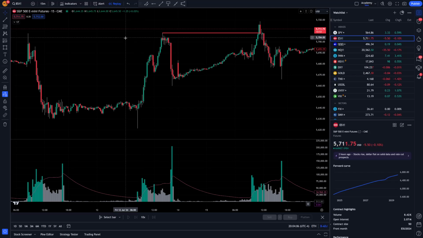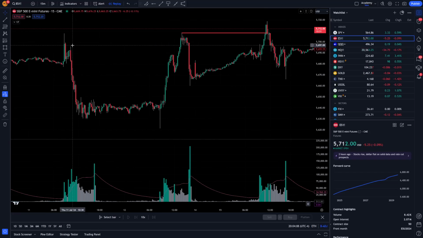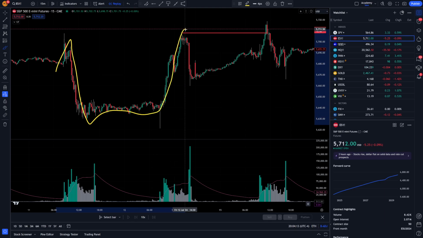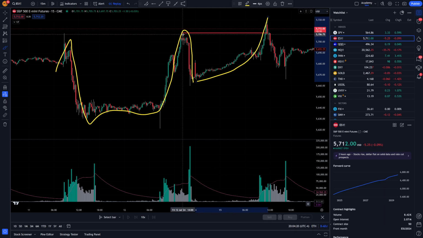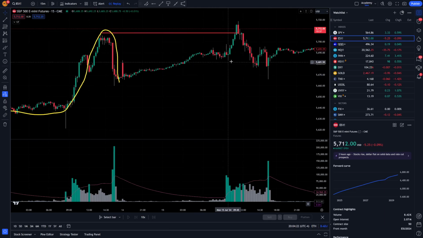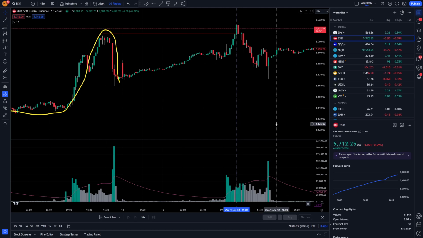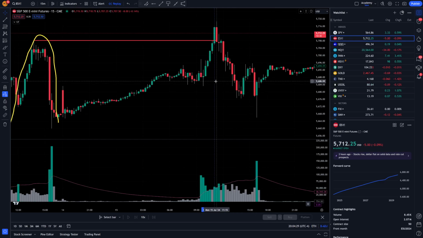So when SPY was doing this movement back here, we had a high, right? Then when we ran into this previous high back here, the volume at that moment, if you see this slanted blue area, it started increasing at this very moment, the average volume on the 15-minute, and it crossed above threshold.